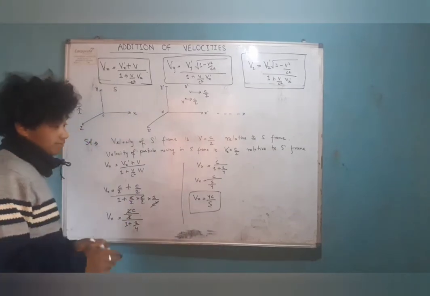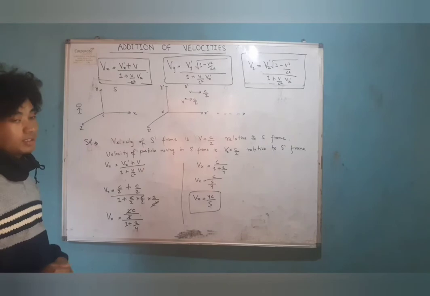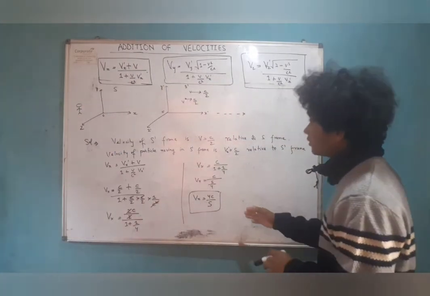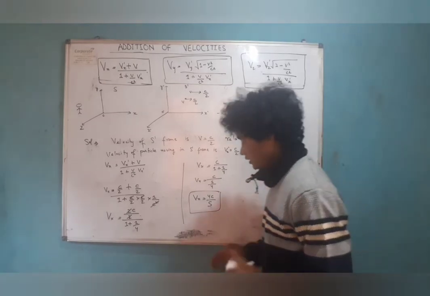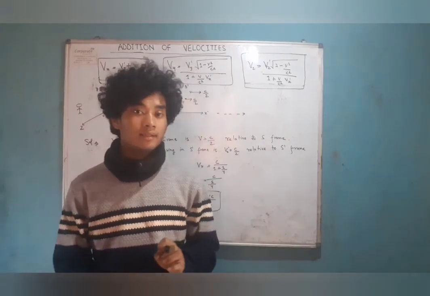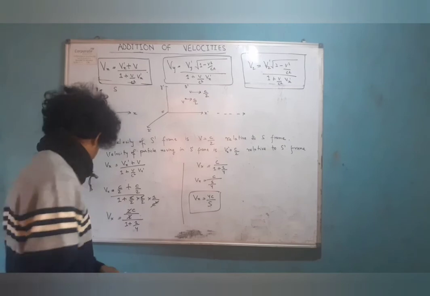It must be c according to this observer, but it is not like that in this theory of relativity. So in the theory of relativity, half plus half is not 1, it is 4 by 5, as we have derived here.